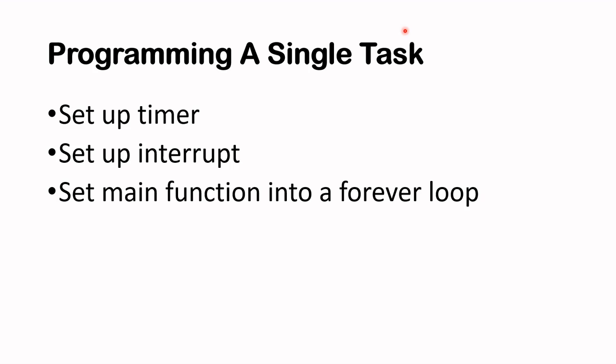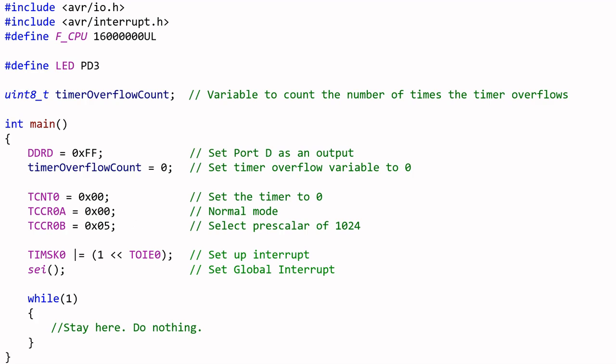So these are the steps to take. Now, let's see the code. Here's the beginning part of the main function. This should be familiar to most of the viewers here, so I'm not going to go into that.